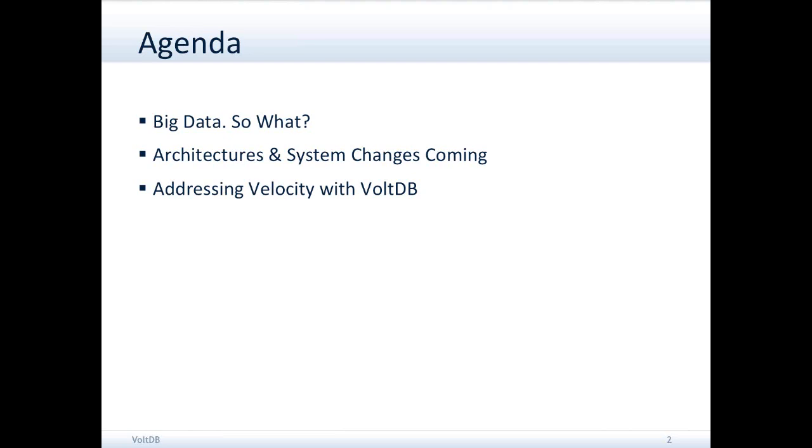We'll talk about that. And then the last section is I'll talk in some level of detail about how one addresses the velocity piece of a big data application, specifically within the context of what VoltDB is and what it does. I imagine that's probably where we'll get the most questions, but again, feel free to interject wherever we are, and I'm happy to address those questions as they come up.